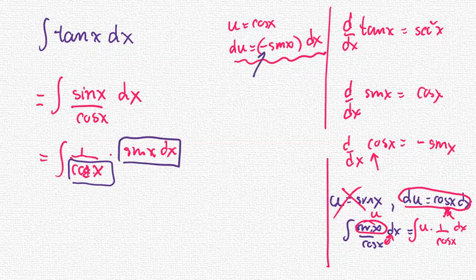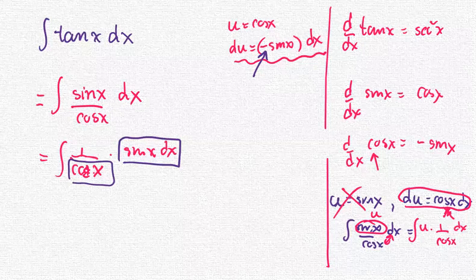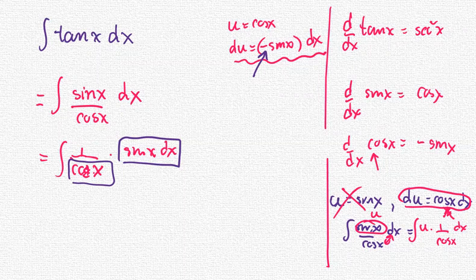Okay, if you don't want to deal with the coefficient, or it's going to confuse you at some point, you could do it this way, like you solve for dx. Dx is du divided by negative sine x, and then replace it into the main integral form.